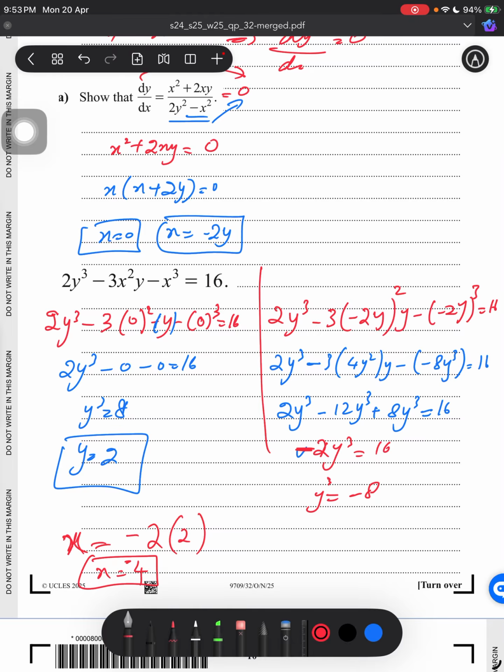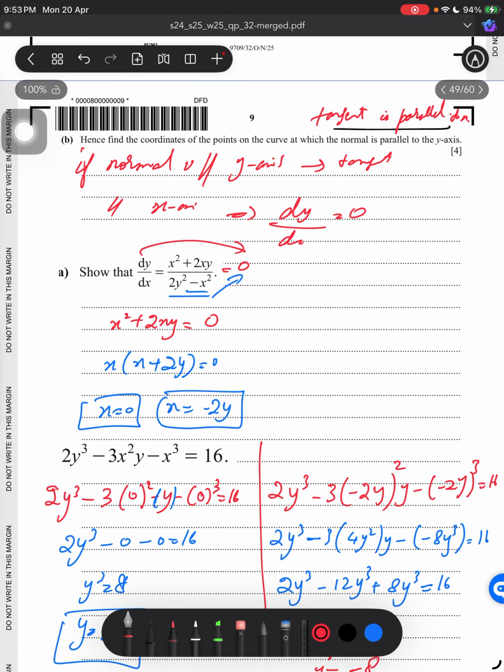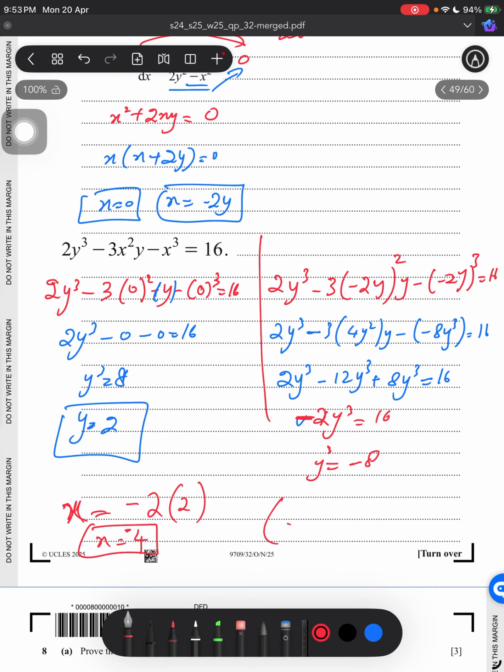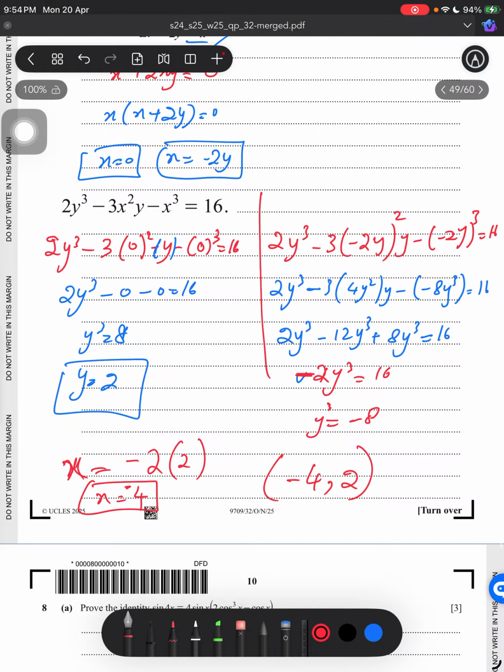So they're asking for the coordinates. So you can say that -4 and 2. Either this can be the value, or the other value can be, if you take the cube root of this, I believe this would be the one. Let me just check the marking scheme in order to be sure.